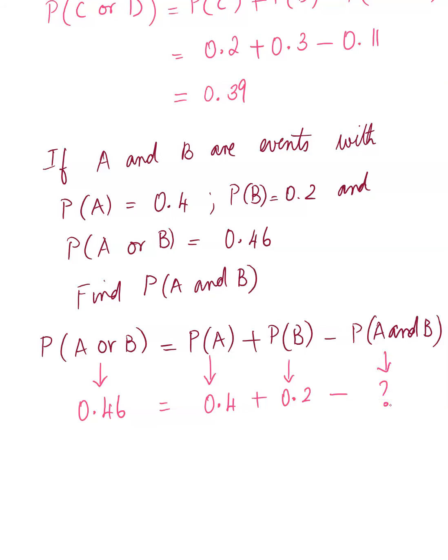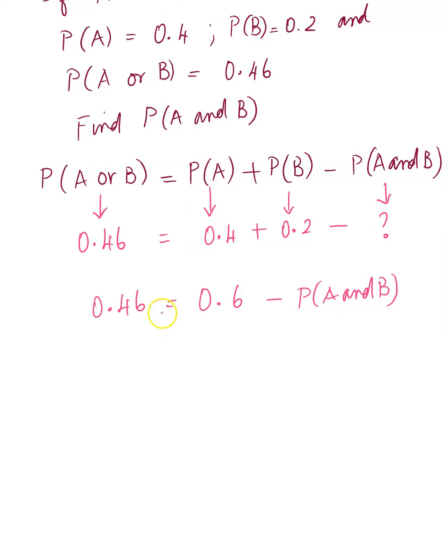Right? And you can totally figure out the missing information by simply rearranging the terms. 0.46 equals 0.6 minus what is missing. Right? I'm going to remove the question mark and just write it as P of A and B. It's just a lot easier that way. Now I want to move the numbers.